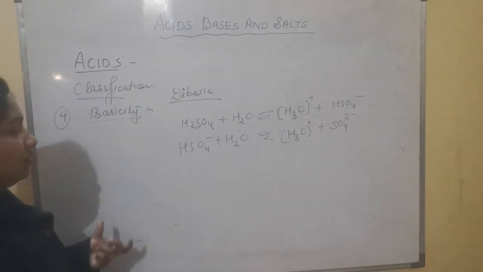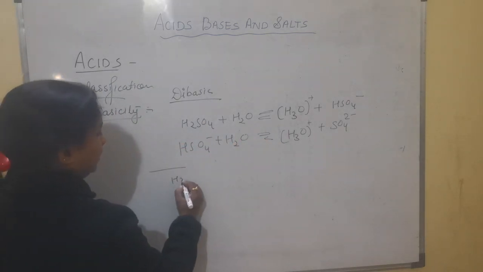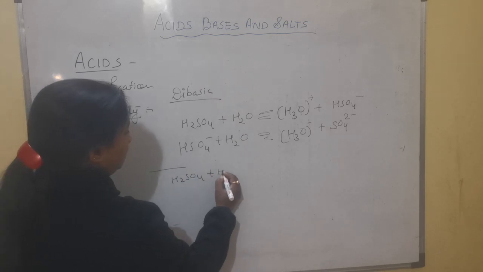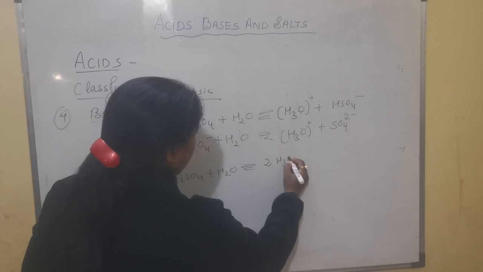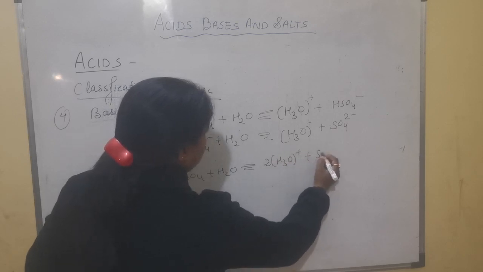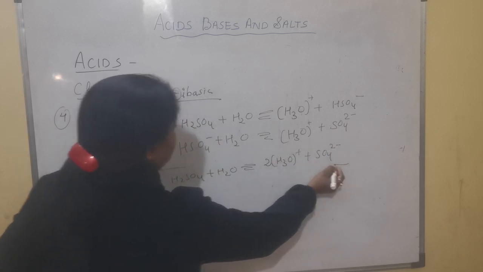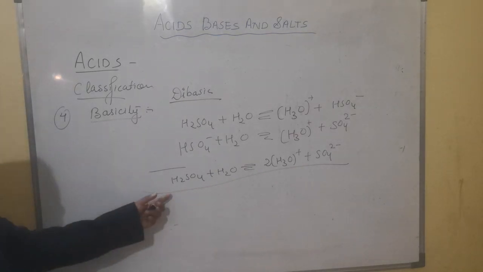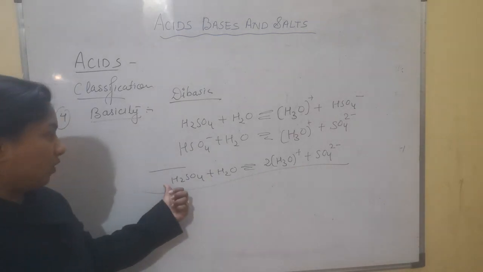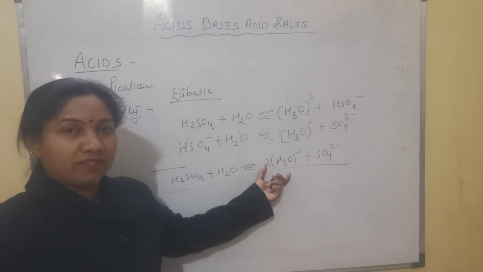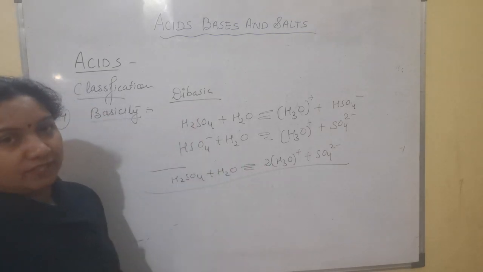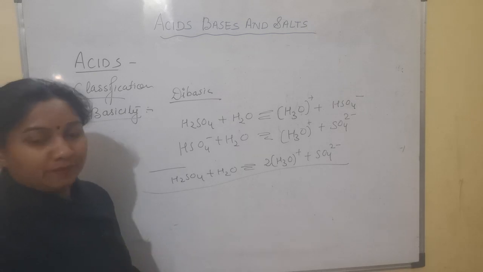Or we could write this equation like this: H2SO4 plus H2O giving 2 molecules of hydronium ion plus sulfate ion. So the combined equation is like this. That means one molecule of sulfuric acid is producing 2 molecules of hydronium ions, so its basicity is 2, or it is a dibasic acid.